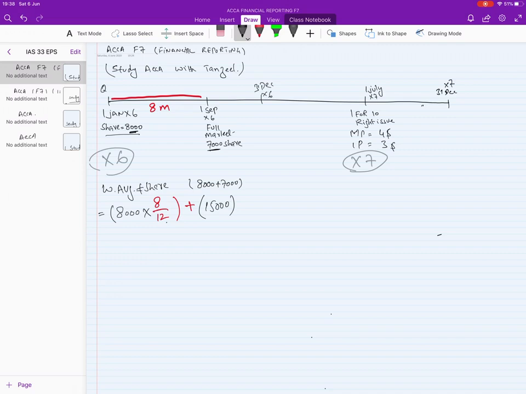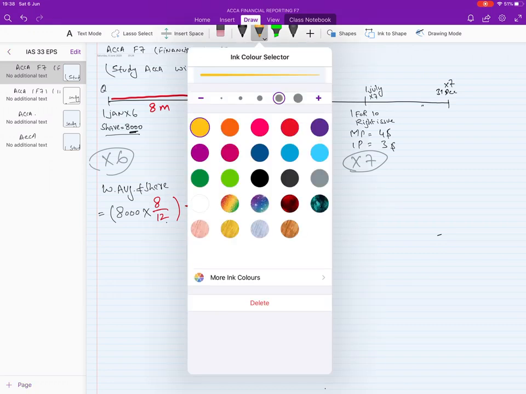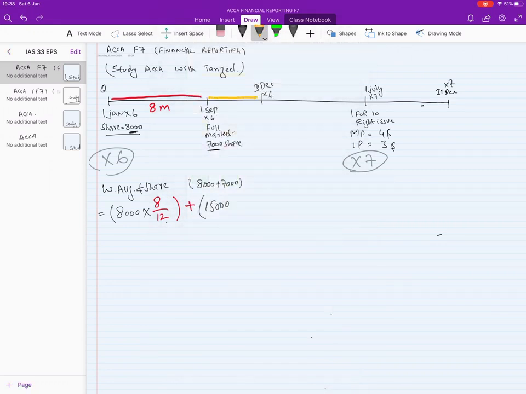And how many months is it outstanding? Let's count. From September till December: September, October, November, December, 4 months. So we need to take effect for 4 months only.